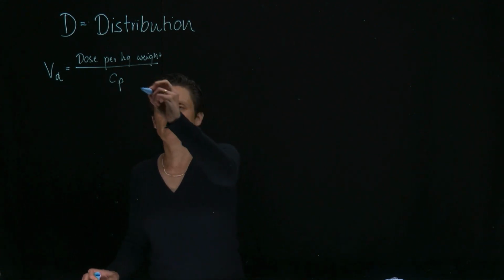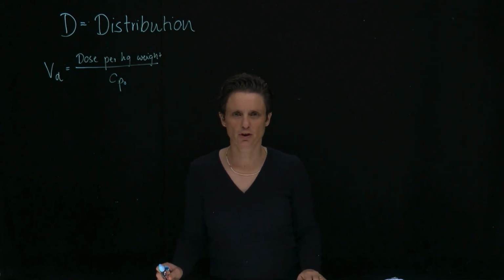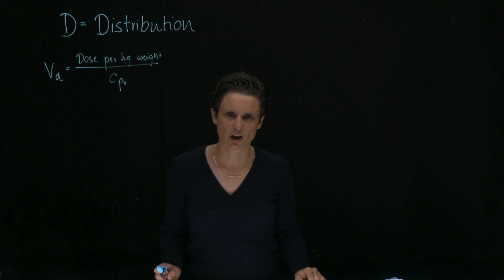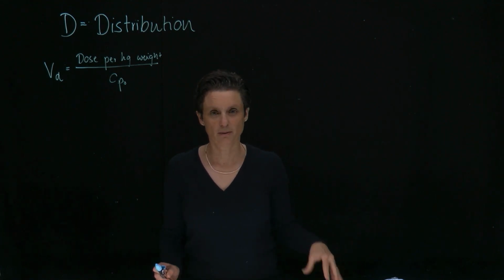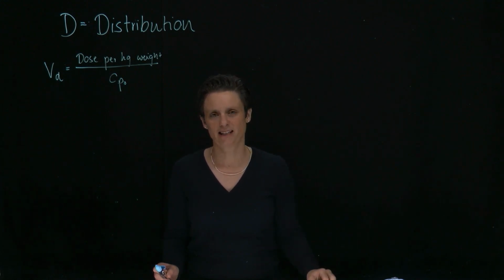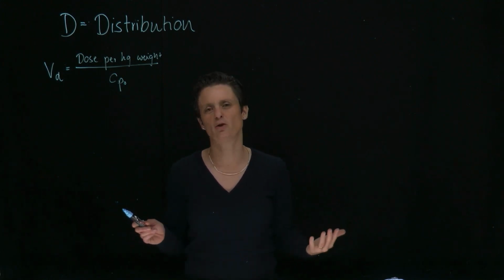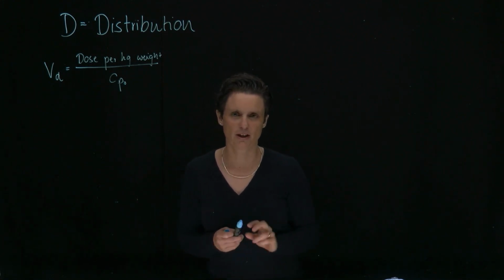And then another thing I want to add is that to get the volume of distribution, you need the plasma concentration at time 0.0, so immediately. Why? Because once elimination kicks in, things get more complicated, and you couldn't really determine your volume of distribution anymore.